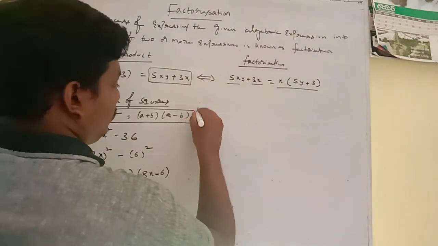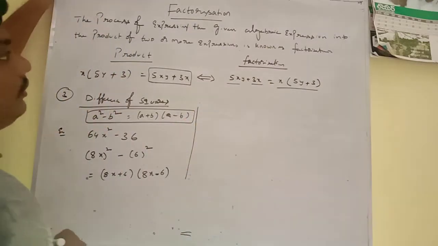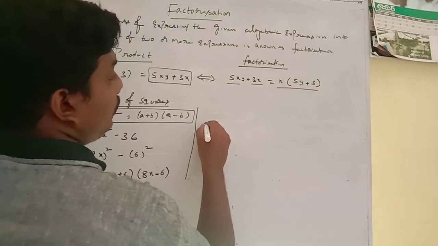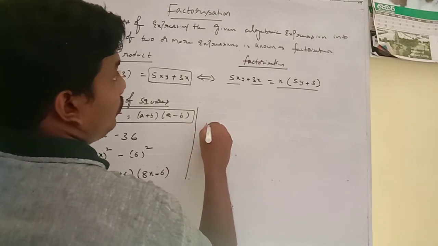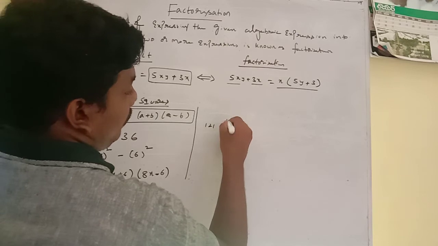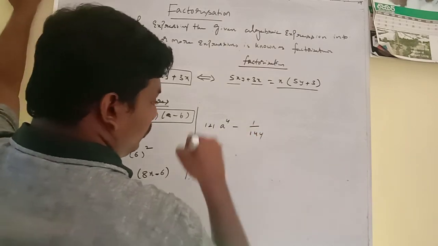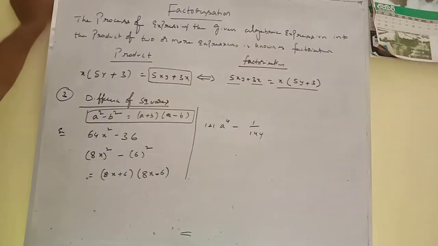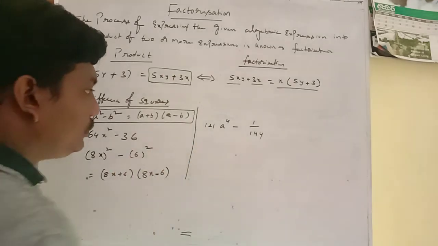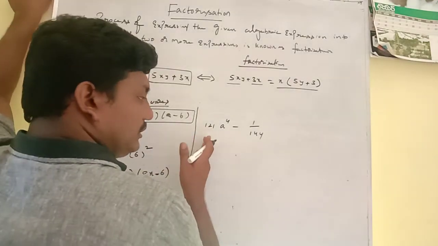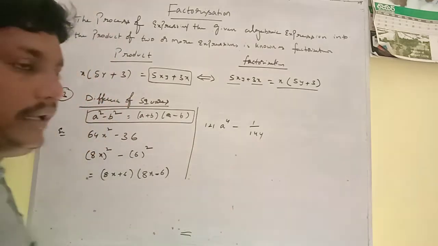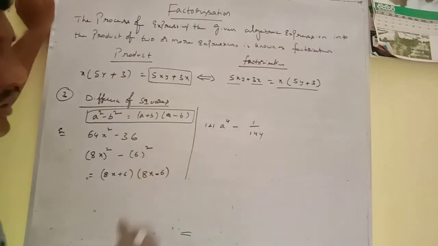Next, coming to another question: 121 a to the power of 4 minus 1 by 144. Here also there is no common factor for those two terms. 121 is in the 11 table and 144 is in the 12 table. 11 is a prime number, so there are no common factors.